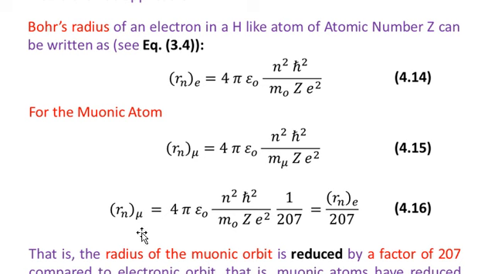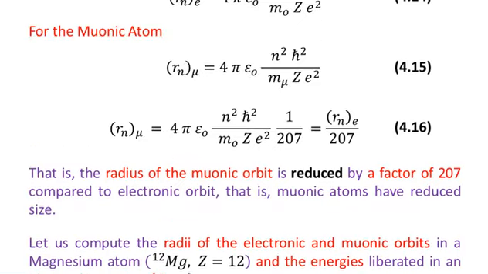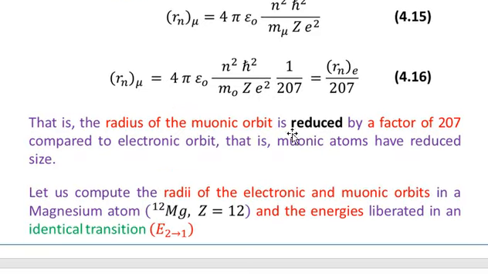It means that the muonic atom has a radius which is 207 times reduced in comparison with the electronic radius of the corresponding state of the hydrogen-like atom. That is, the radius of the muonic orbit is reduced by a factor of 207 compared to the electronic orbit. That is, the muonic atoms have a reduced, very compact size.